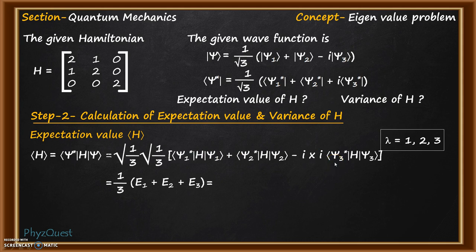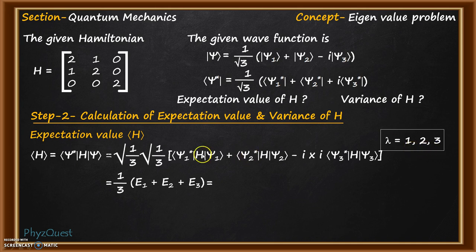One thing I'll mention here is that though we have calculated the eigenvalues, that is lambda equal to 1, 2 and 3 are E1, E2 and E3, we don't know exactly which is E1, E2 or E3. We only know the three values. We don't know which value corresponds to which eigenstate. But that will not affect our calculation here. Why?